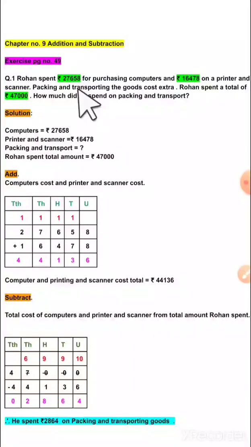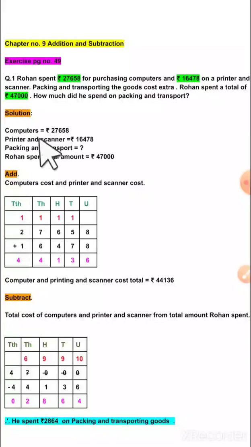In this question, Rohan purchased computers and a printer and scanner. The price is given. The packing and transportation cost of the goods we need to find out. Rohan spent a total of 47,000 rupees.